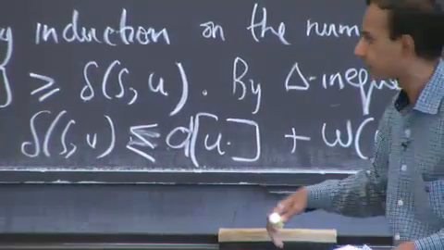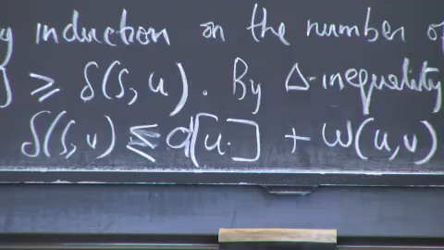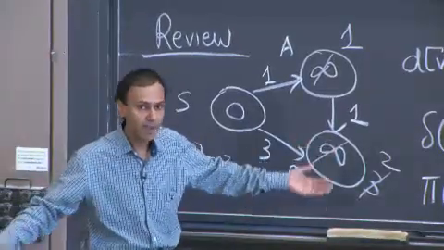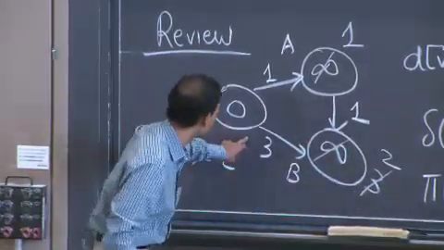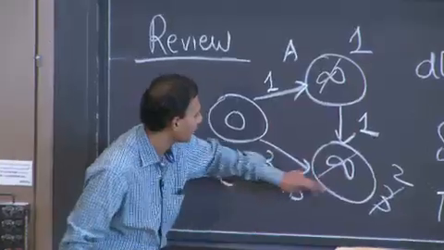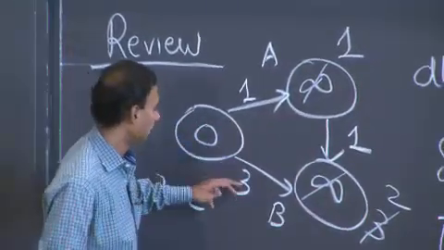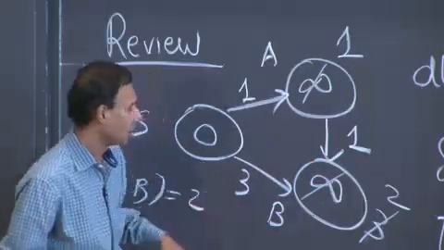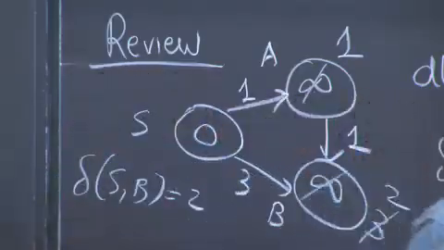You know that w(u,v), which is a direct, single-edge way of getting to a node, has to be greater than the shortest path. Like here, this 3 value is a direct way of getting from S to B, and it's greater than the shortest path, which is of length 2. But it can never be smaller than the shortest path.